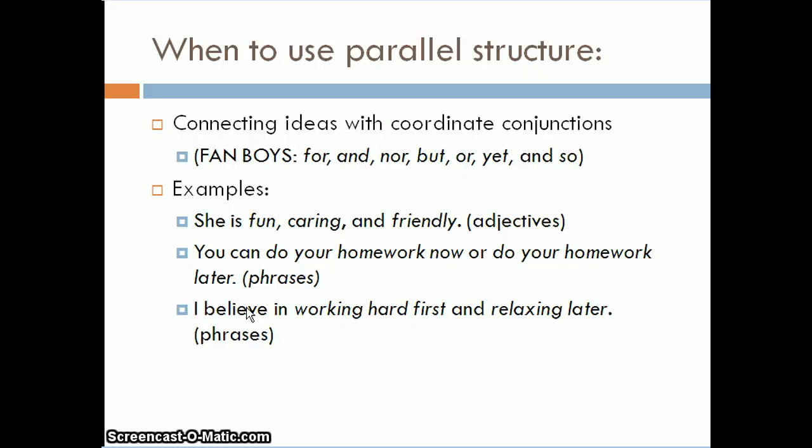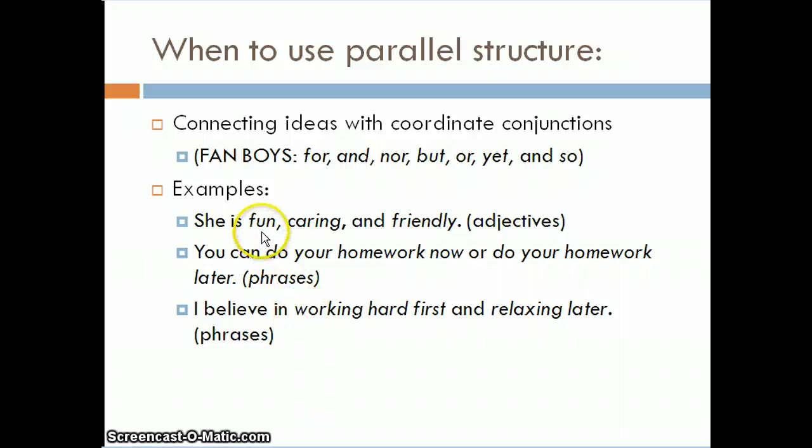So when do we need to use parallel structure? Oftentimes when we're connecting ideas with coordinate conjunctions, and these again are fanboys: for, and, nor, but, or, yet, and so. So here are some examples of using parallel structure or parallelism with these coordinate conjunctions. Here we have an example with adjectives.